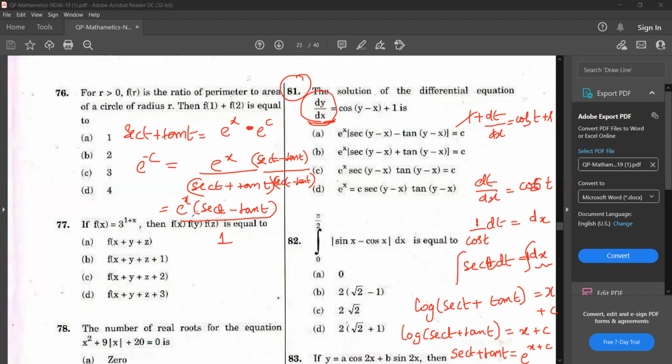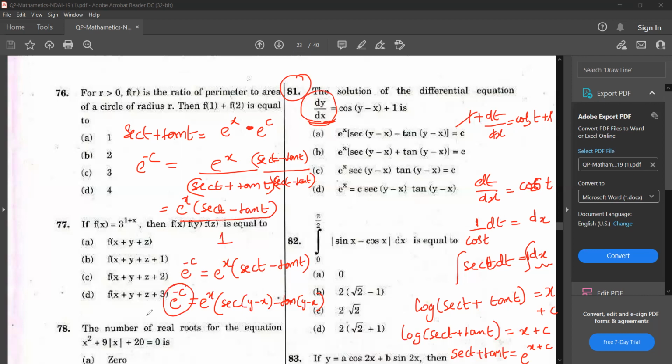Okay, now what do I have? I have e raised to minus c is equal to e raised to x into (sec t minus tan t). Here t is y minus x, so that is sec(y minus x) minus tan(y minus x), equal to e raised to minus c.